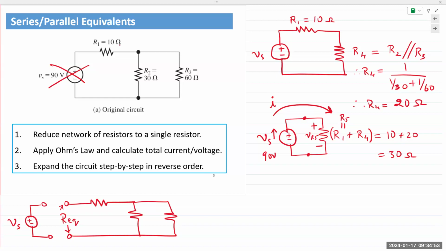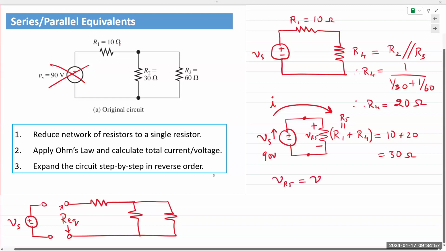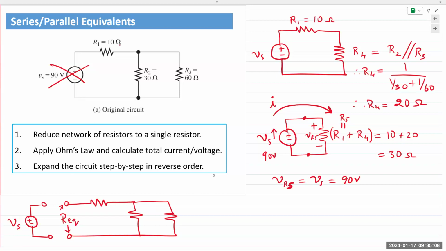They're the same. So the value of VR5 is the same as VS. Or you can say VS is the voltage that's being applied to that resistance.